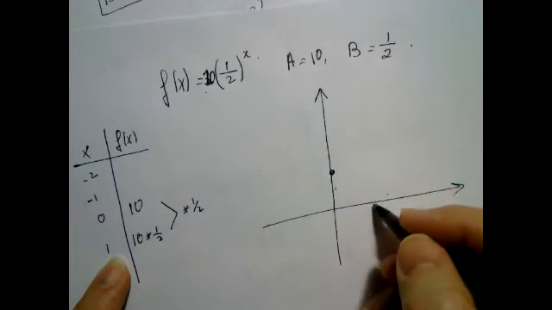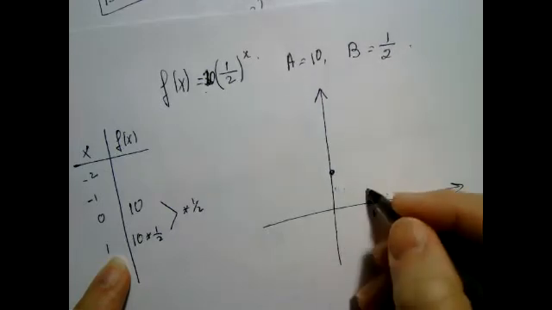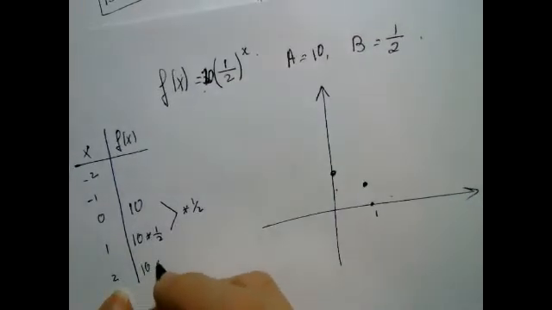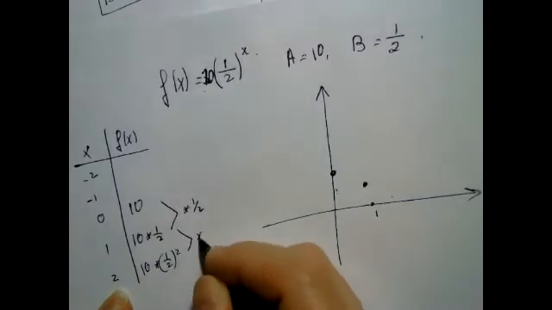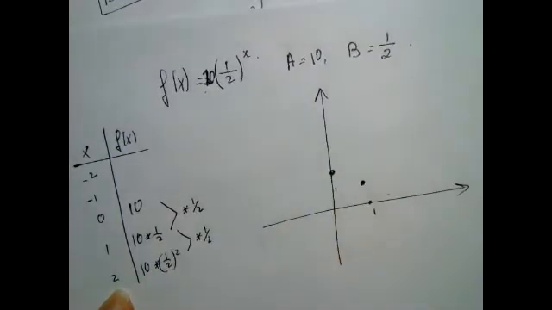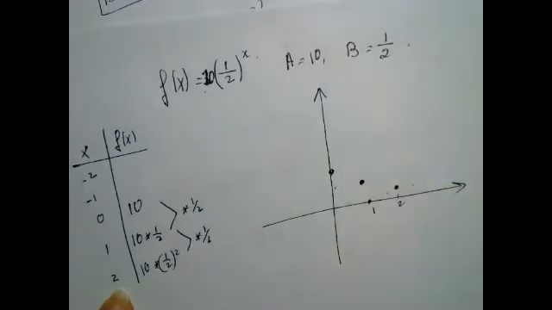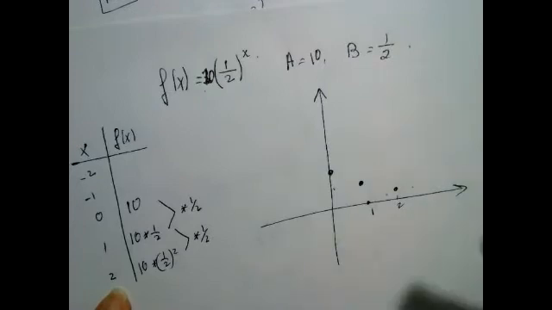So I'm multiplying by a number less than 1, so this is definitely going to decrease. At 2, it's 10 times a half squared. So again, I'm multiplying by a half and making it even smaller. So the function this time is really going to go down and down and down.